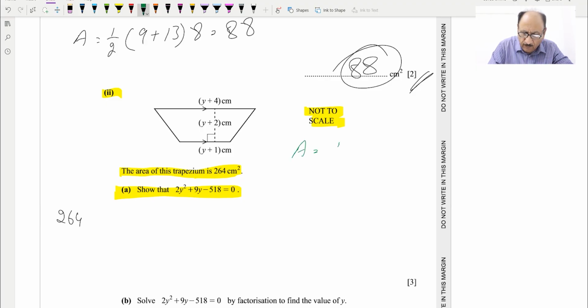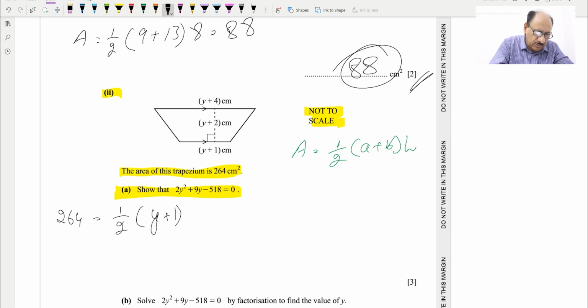Area is equal to half into a plus b into h, and we will write 264 is equal to half into a, which is y plus 1. Wait, we'll have to put plus here. So y plus 1 plus y plus 4 into y plus 2, and this is what we need to find.